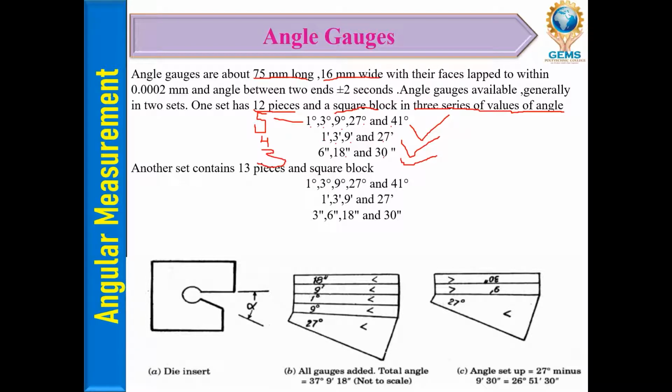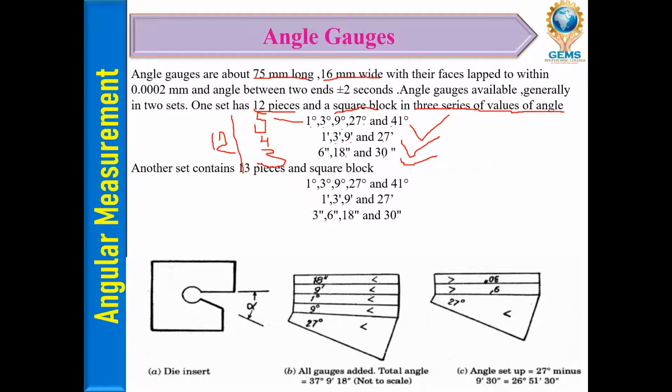Total: 3 plus 4 plus 3 is 12 pieces. So degrees have 5 pieces, minutes have 4 pieces, and seconds have 3 pieces. That is one set, of 12 pieces.